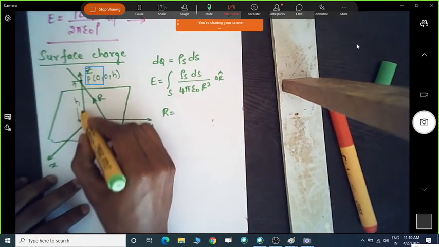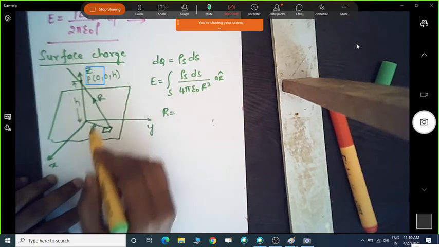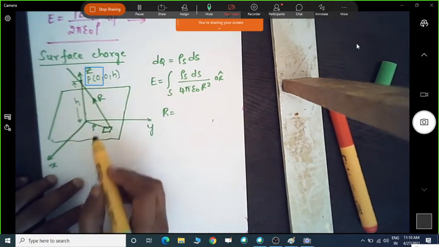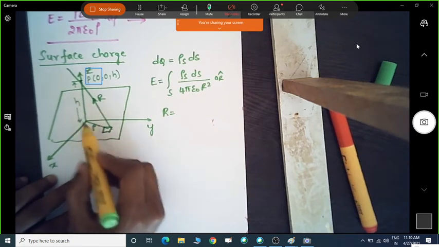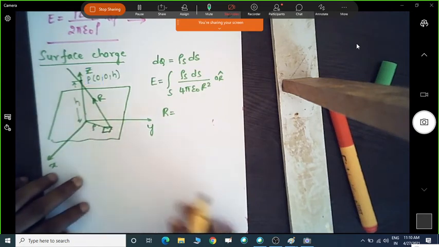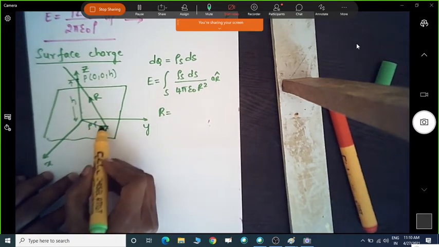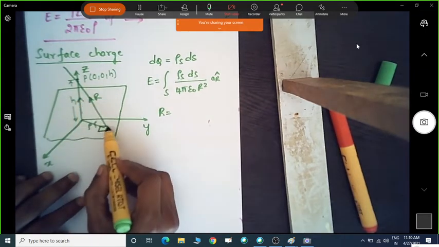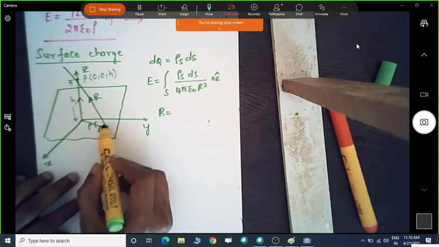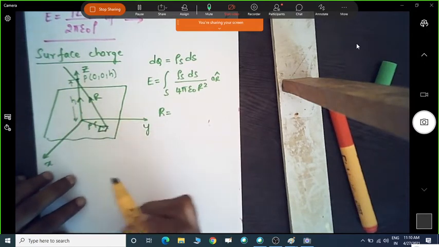You can see this triangle, where the vector r is the combination of rho and h. If I take the vectors in this direction and in this direction, their addition gives the resultant vector r.